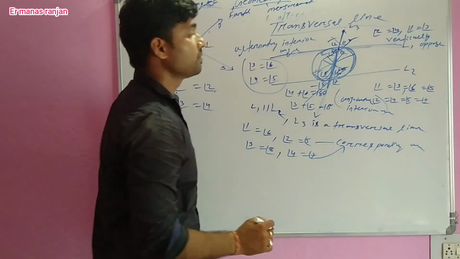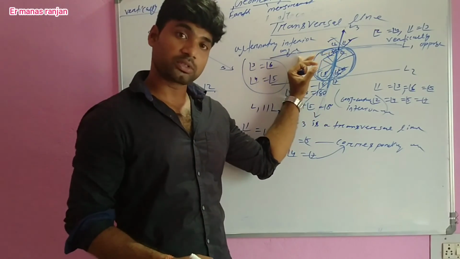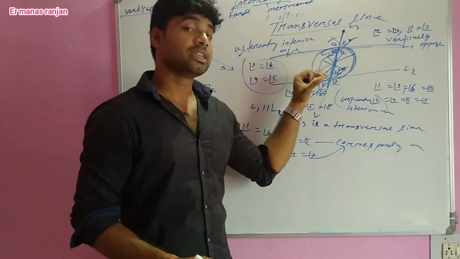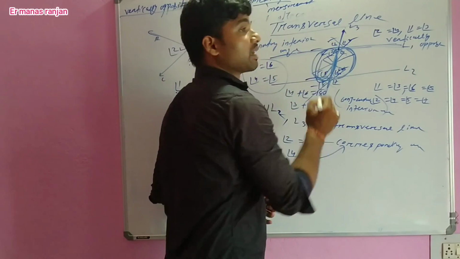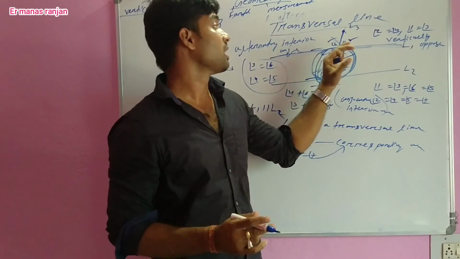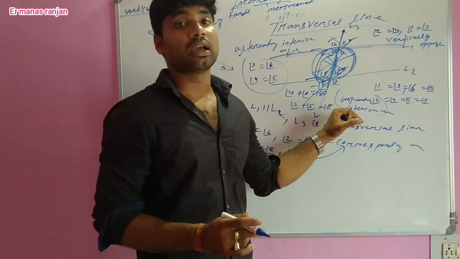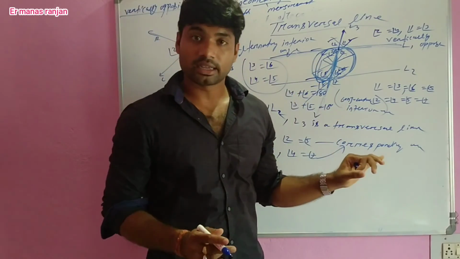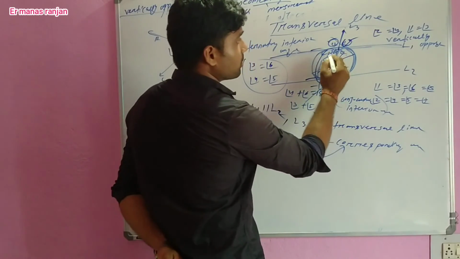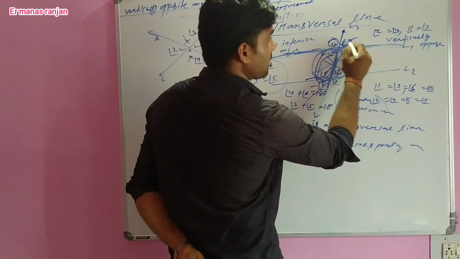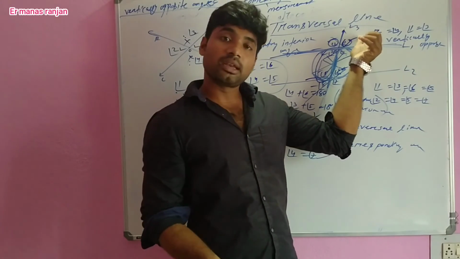The interior angles which lie on either side of the transversal line, inside the parallel lines, are called consecutive interior angles, and their sum is 180 degrees. Understood? Also, angle 1 and angle 2 lie on a straight line, so angle 1 plus angle 2 is 180 degrees. They are called linear pair angles.